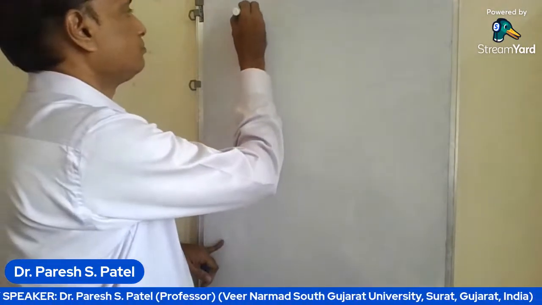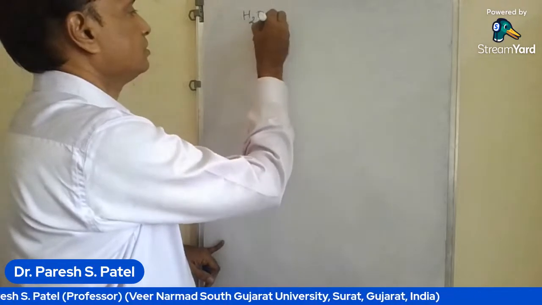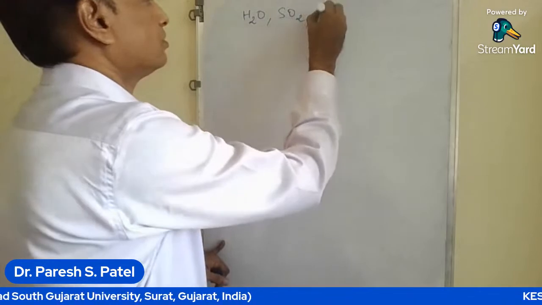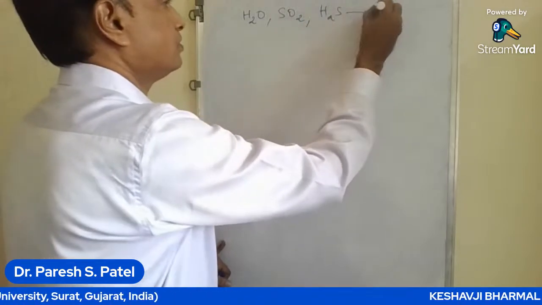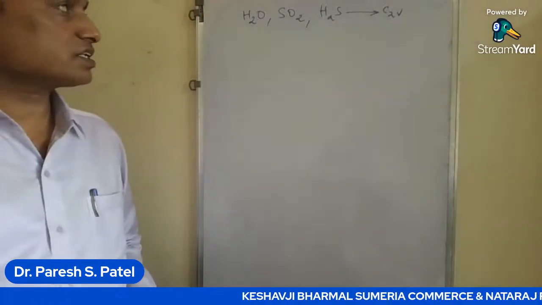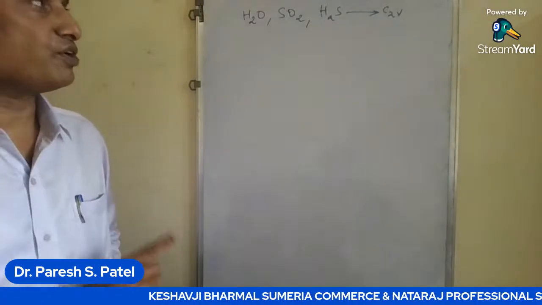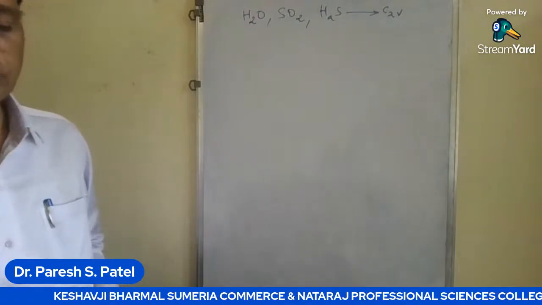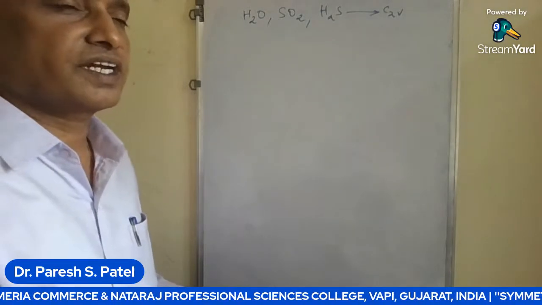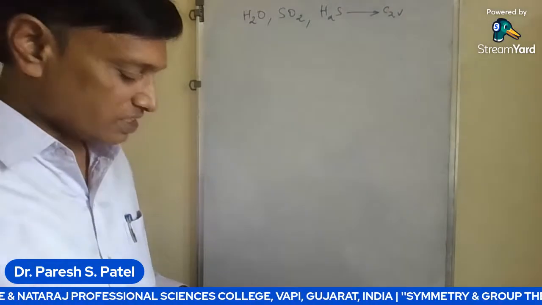Now, first of all, the character table for the water molecule, sulfur dioxide molecule, H2S molecule, all are the same. Construct a character table for the C2V point group, or for the water molecule, or the sulfur dioxide molecule, or the H2S molecule, all are the same.